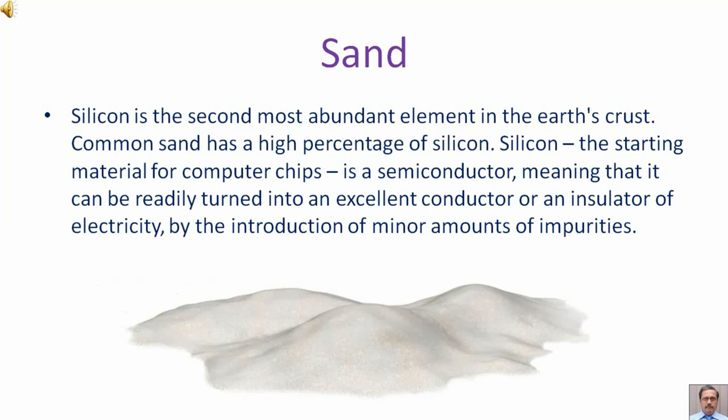Silicon, the starting material for computer chips, is a semiconductor, meaning that it can be readily turned into an excellent conductor or an insulator of electricity by the introduction of minor amounts of impurities.